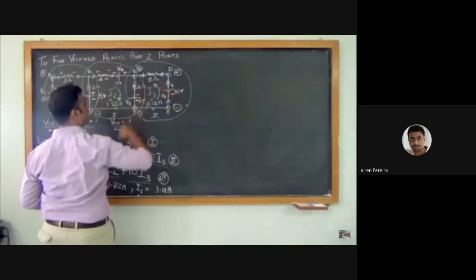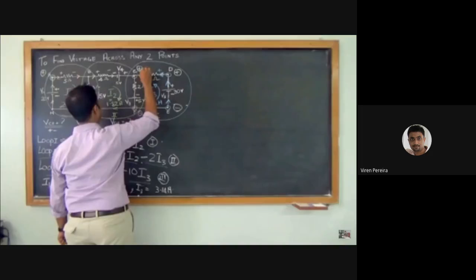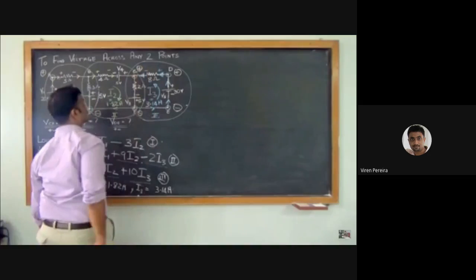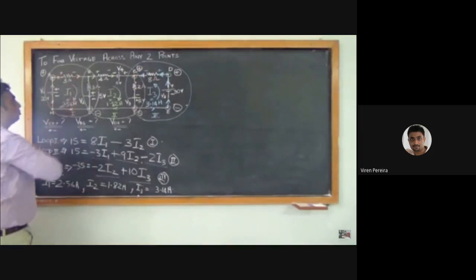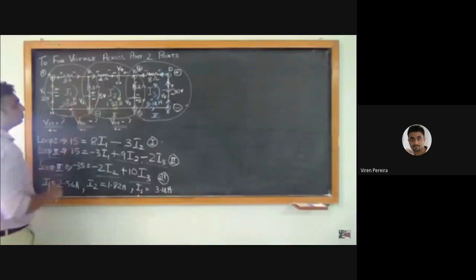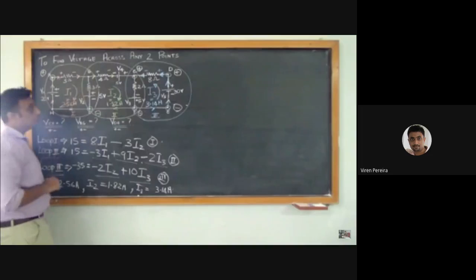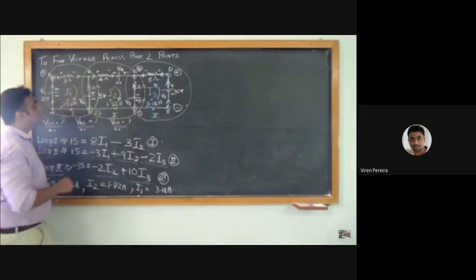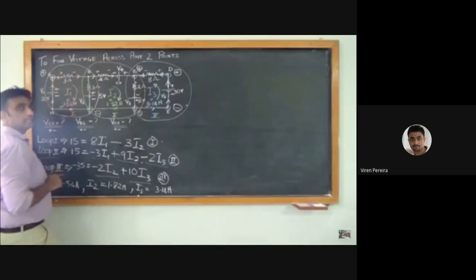So this will be my I3. The first terminal it touches becomes positive, the second terminal it touches becomes negative. Now this is with regard to loop 1. But in these loops we have two junctions, and the two junctions are caused by the 3 ohm resistor and the 2 ohm resistor. Now, currents flowing in this resistor.